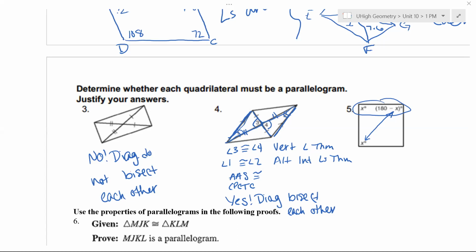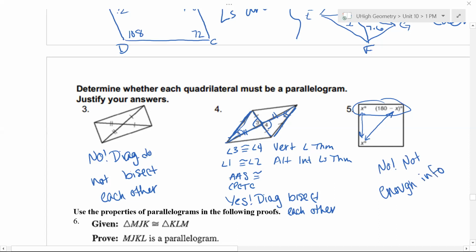But if I look at the left side, I have x and x. Well, I don't know if x is supplementary with x. So I'm going to say I don't have enough information to say that all pairs of consecutive angles are supplementary. So I cannot say that 5 is a parallelogram because I don't have enough information. So I'm going to say no, not enough info.